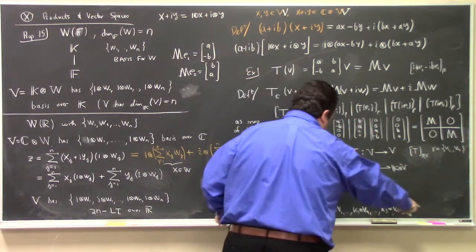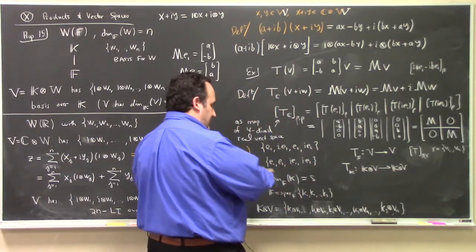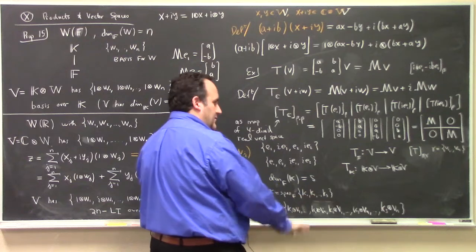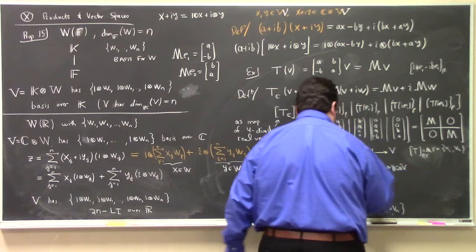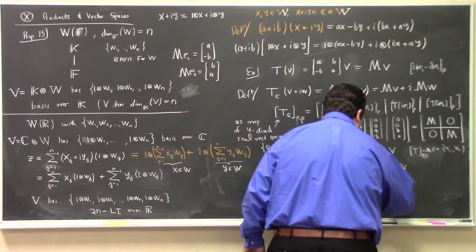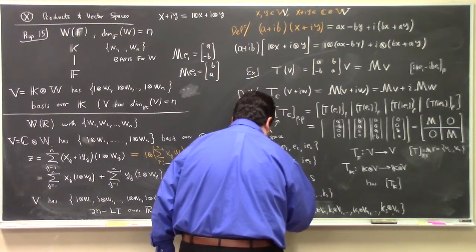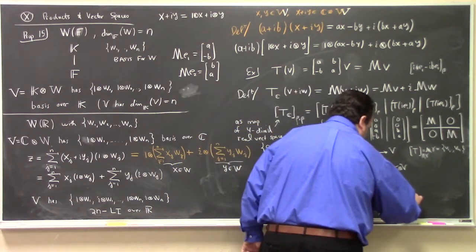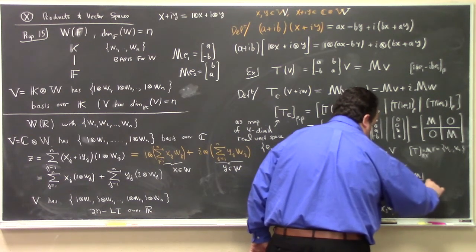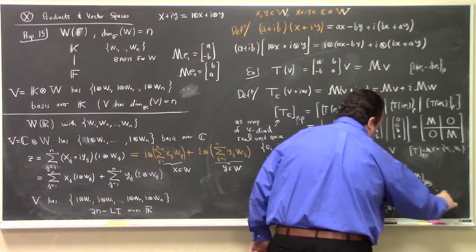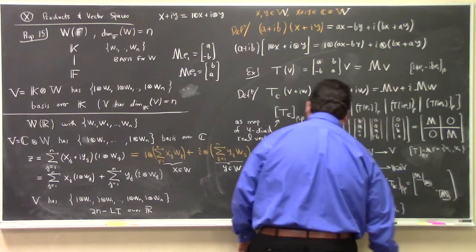Then if I let beta be this basis down here for the K-ification of the map, then the matrix with respect to that is going to be, supposing this matrix is M again, by essentially the same calculation, M, right, like that.